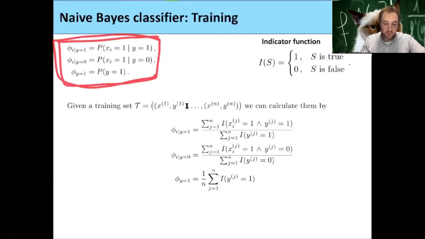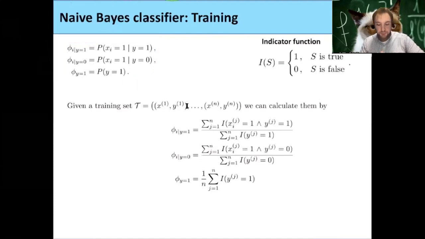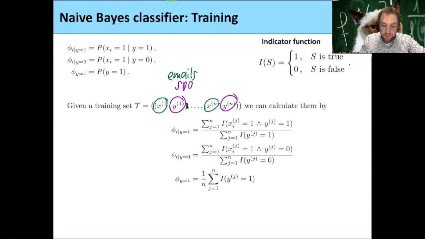So this is just what was written on the slide before. Of course we need some training data. So we first need to have a collection of emails. So here the training data is, again, some emails, and here we know for each of these emails if it's spam or not.